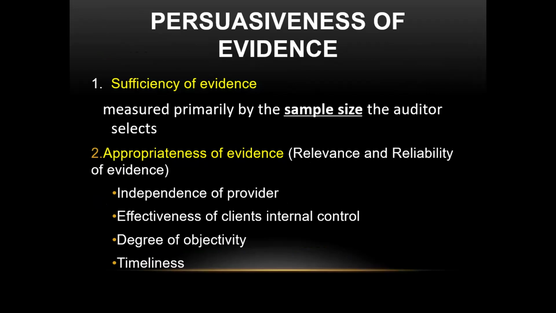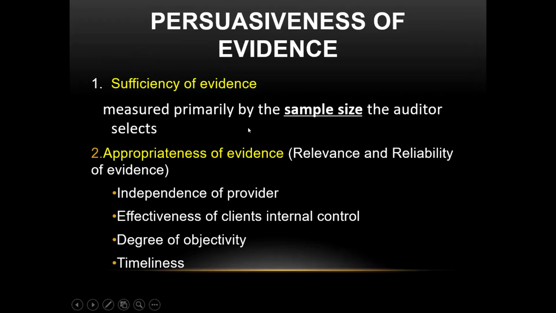So persuasiveness of evidence consists of, first, the sufficiency of evidence. Sufficiency is measured primarily by the sample size the auditor selects. So if there are 500 transactions and the auditor only checks 5 samples, it will not be sufficient. The evidence should be sufficient.